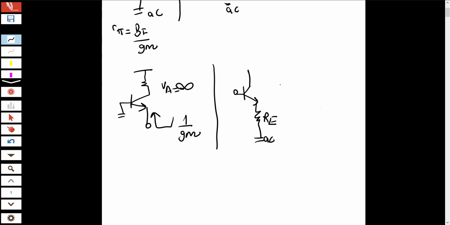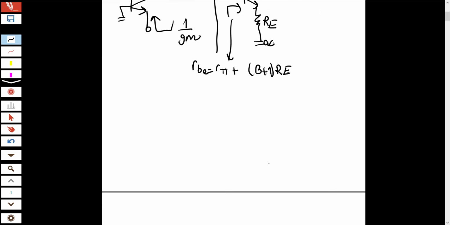Also when V_A is infinite, when we don't take into account the r_o component and look from here, what you see is r_pi plus (beta plus 1) times R_E, and sometimes we call it R_BE.